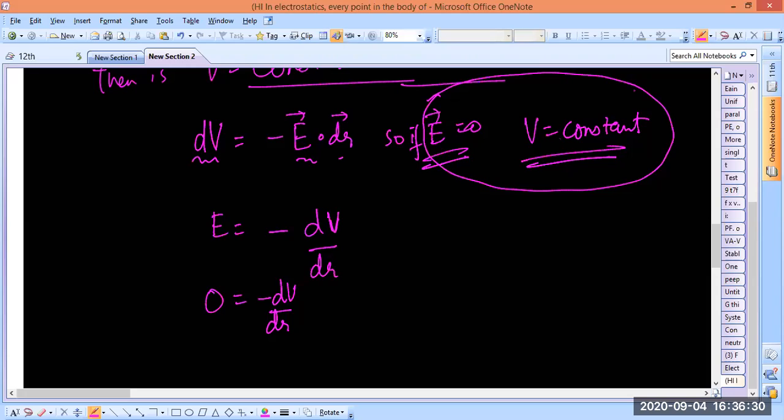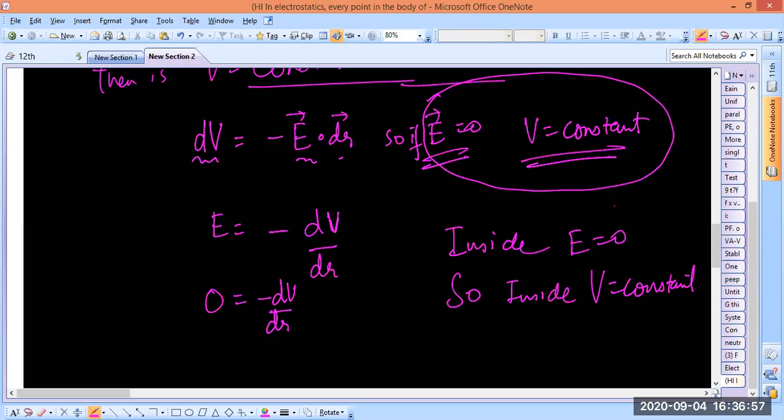My differentiation is zero. Yes. So now I hope nobody has a doubt that because the inside electric field is zero, that's why inside potential is constant. Fine.